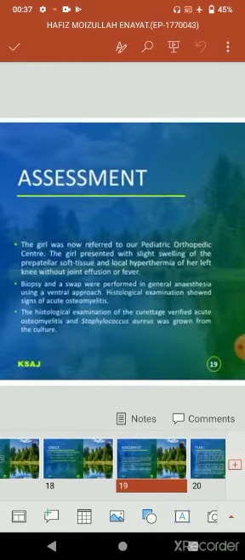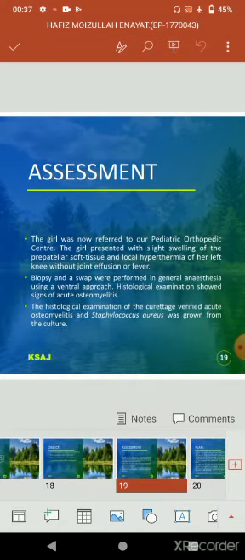Assessment: the girl was now referred to our pediatric orthopedic center. The girl presented with slight swelling of the prepatellar soft tissue and local hyperthermia of her left knee without joint effusion or fever.